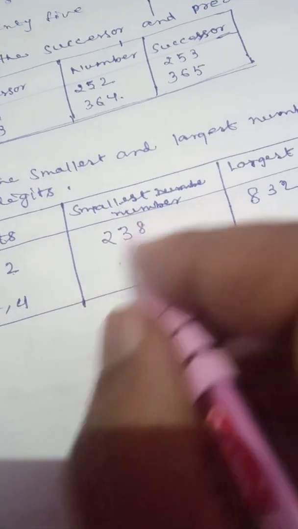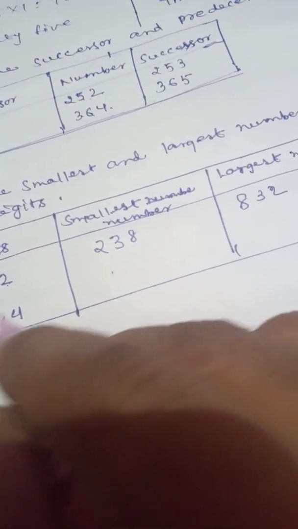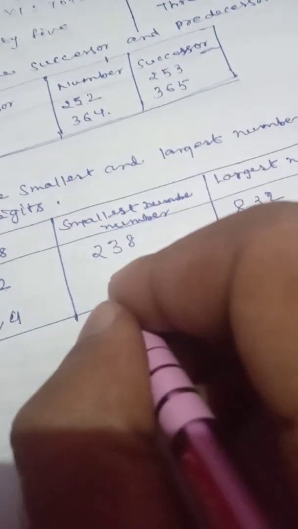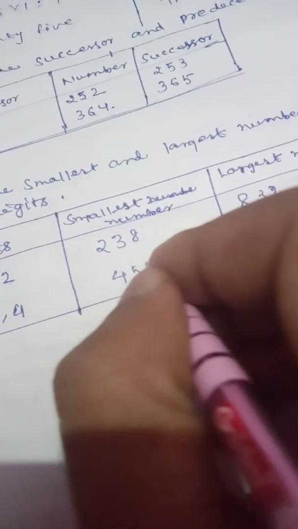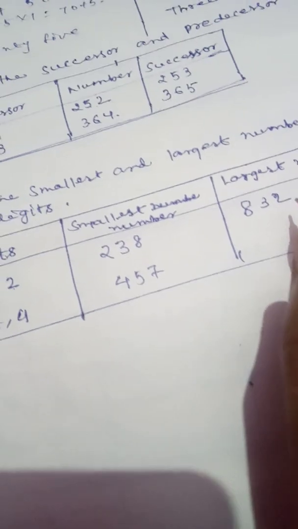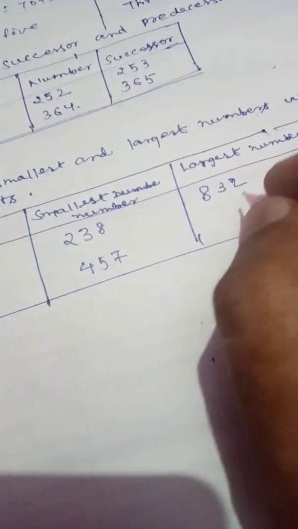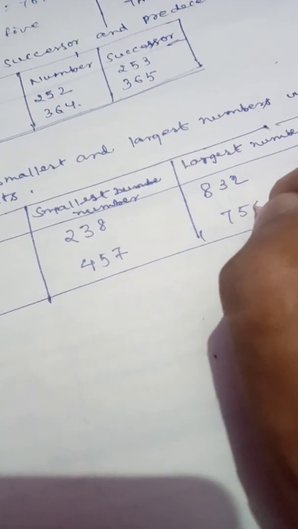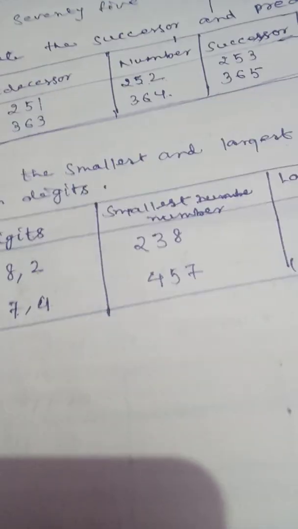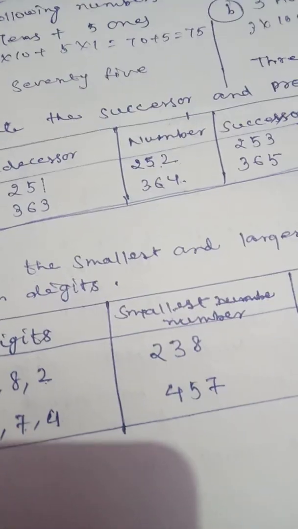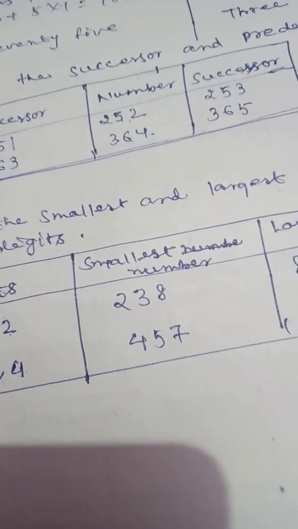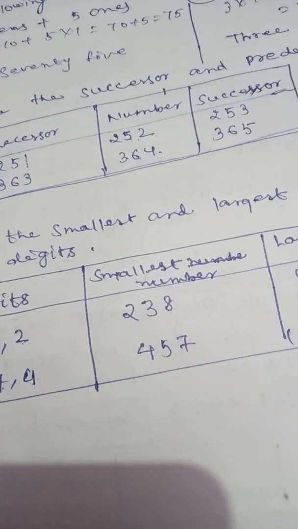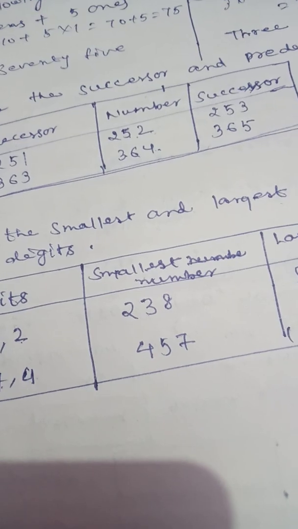In the same way, we can make a smallest number using 557 and the largest number using these digits 755. I hope you have understood how to solve this type of questions which are given in your exercise.